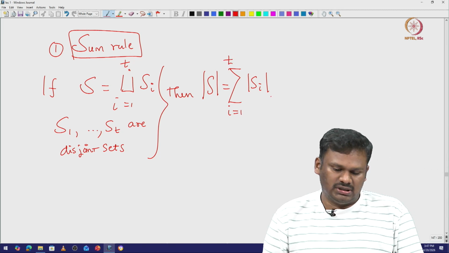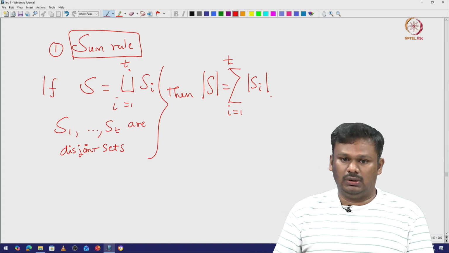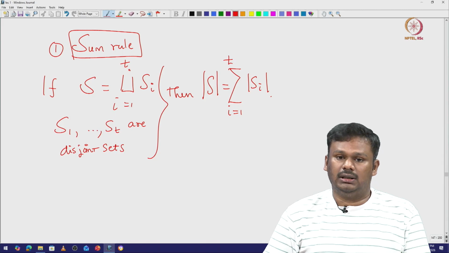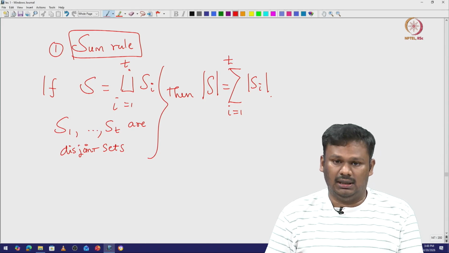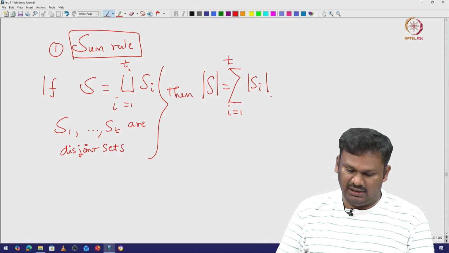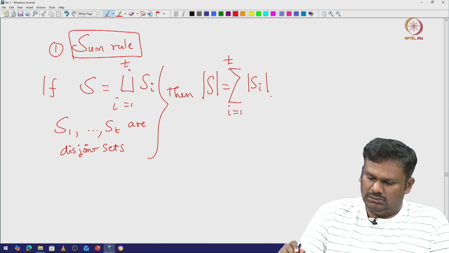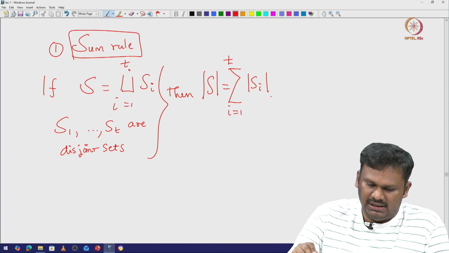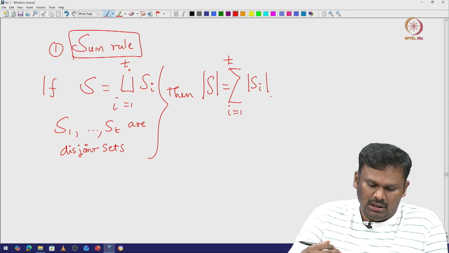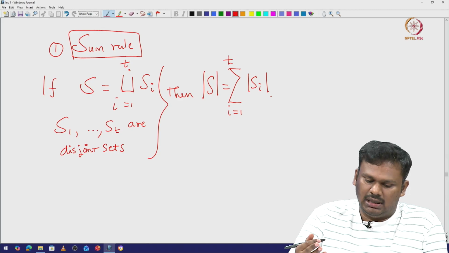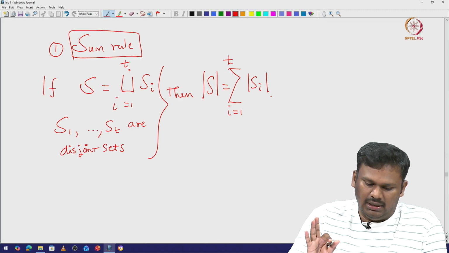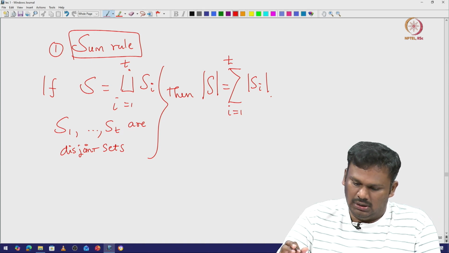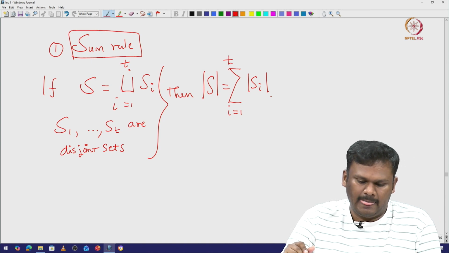Okay. So, since we are only interested in counting problems, we are going to assume that all the sets involved in these lectures are finite unless otherwise specified. So, now we have this very basic sum rule, which says that if you start with disjoint sets, the total number in the union will be the same as summing over the cardinalities of the individual sets.